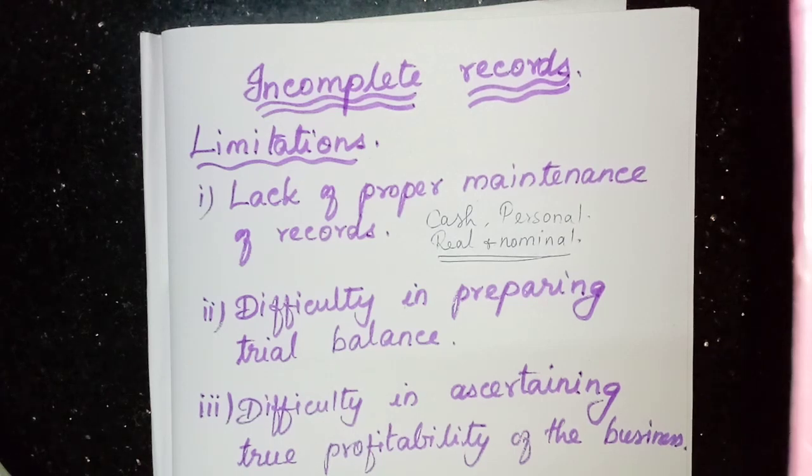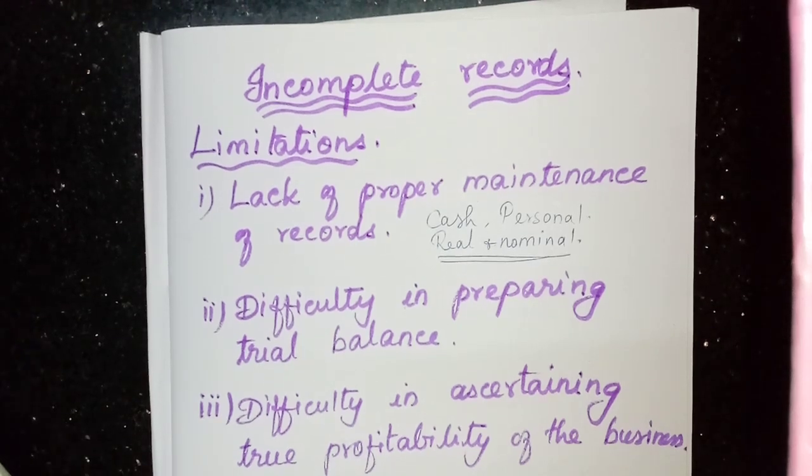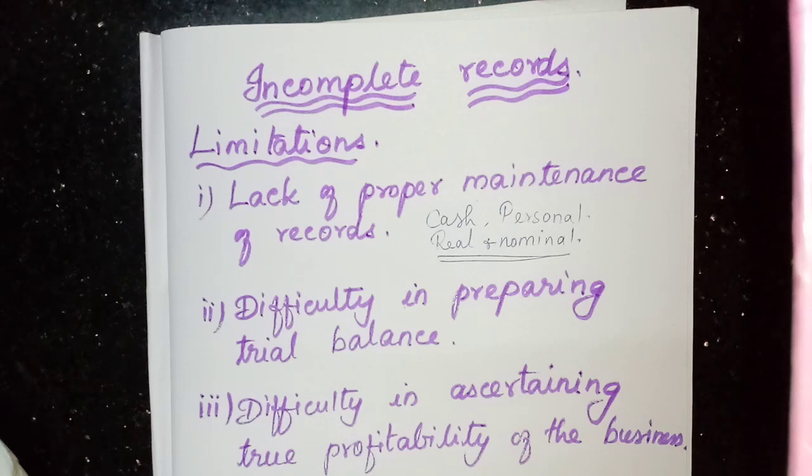Okay, what are the limitations? The first limitation is lack of proper maintenance of records. Here in the single entry system, which was previously called single entry system, we do not record all the transactions.